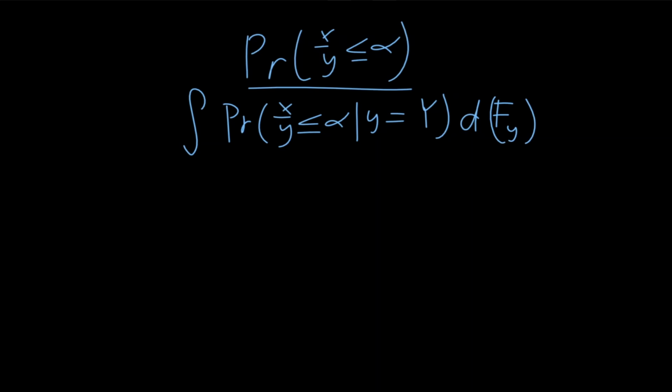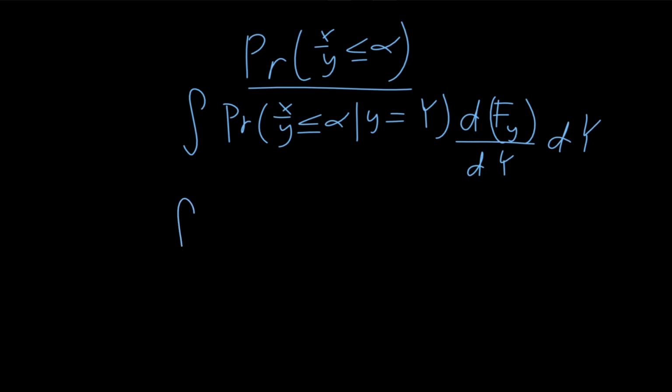But this isn't exactly a very nice expression, and we can simplify it quite a bit. This differential we can rewrite like this, and whenever we differentiate a cumulative distribution function, we're just going to get the probability density function.